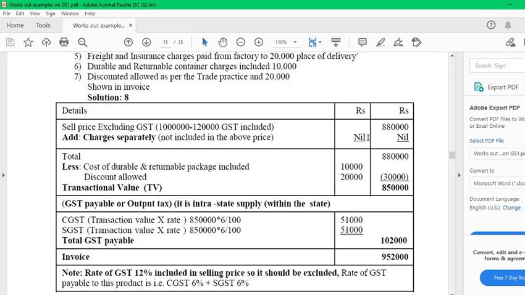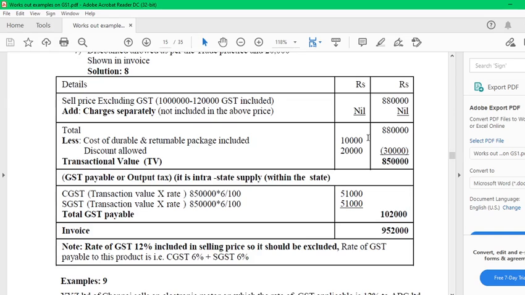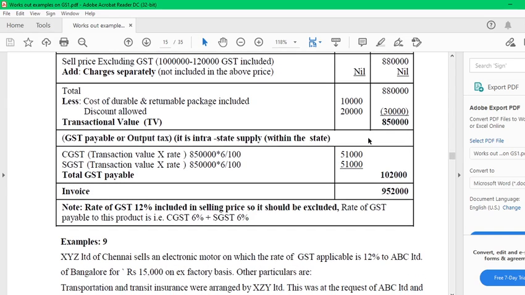However, in this case, cost of durable and returnable packages included, we have to exclude. Then trade practice discount 20,000, total 30,000 deducted, 8,50,000. Now GST payable, or it is called output tax. It is interstate, no, the movement of goods within the state.